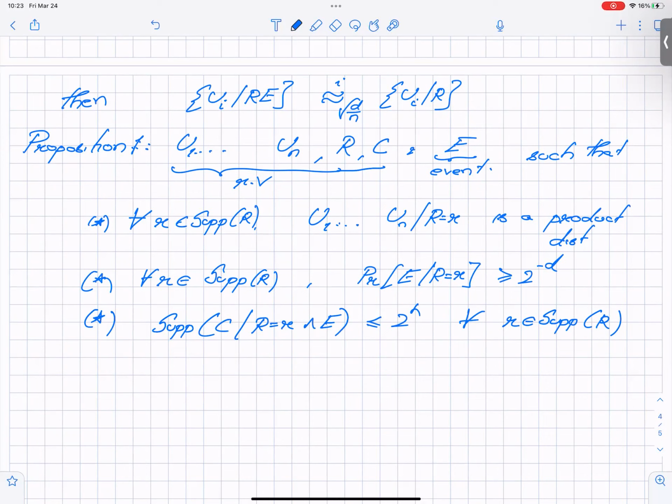Nothing has changed in conditions 1 and 2. I have just copied that from before.